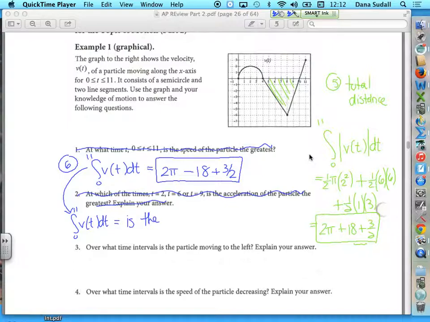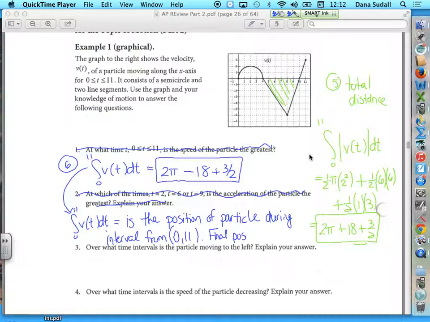the position of the particle during the interval from 0 to 11. It's going to be where the particle ends up.